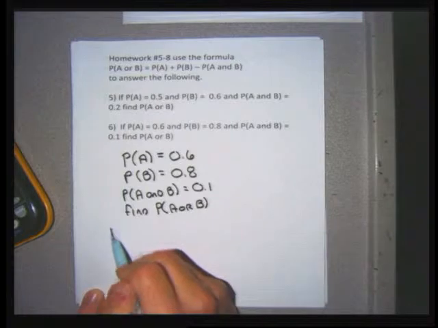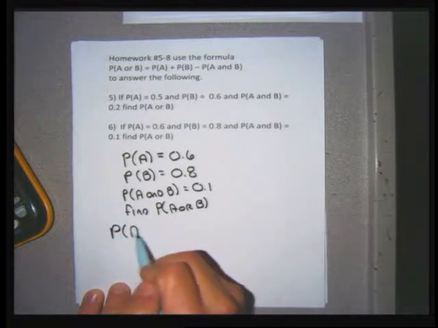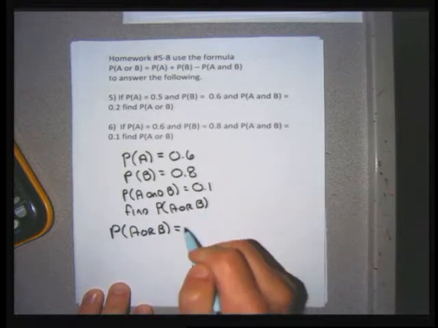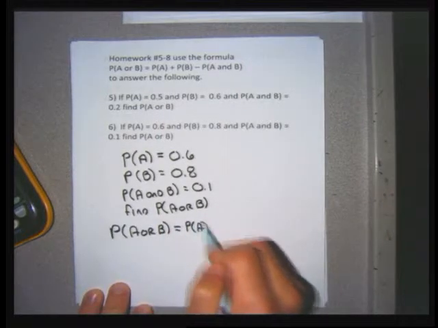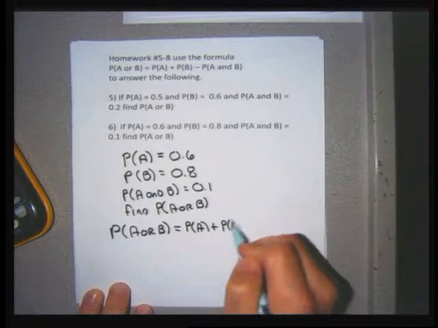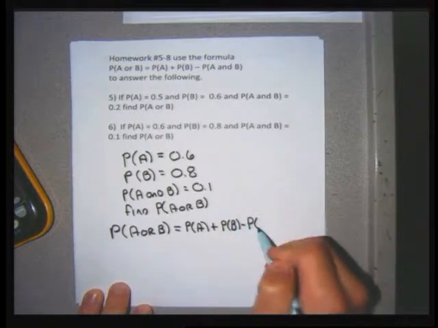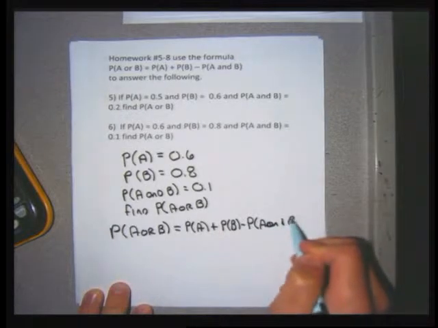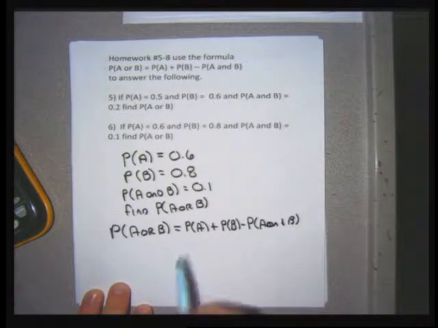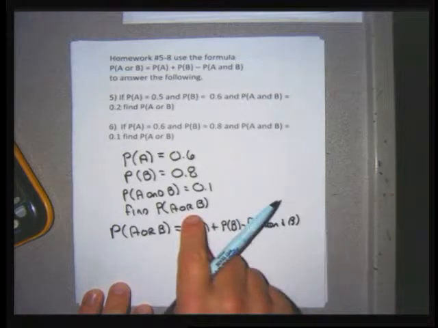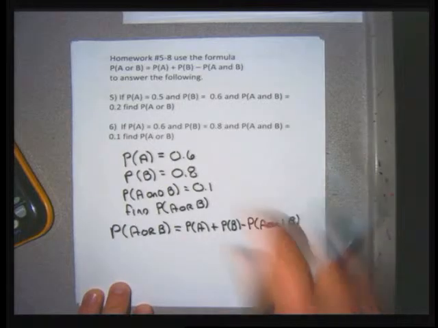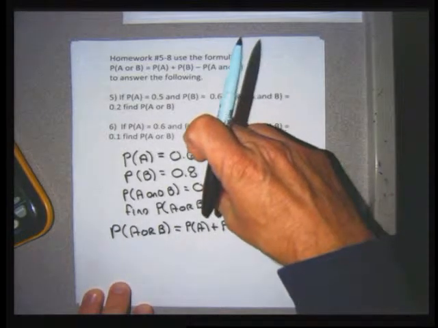So the formula, probability of A or B equals the probability of A plus the probability of B less the probability of A and B, can be used to solve the problem because it's super easy. So I'm trying to find the probability of A or B, so that symbol I'm not going to replace with a number. The other 3 symbols can be replaced by the numbers that they're equal to in this problem.